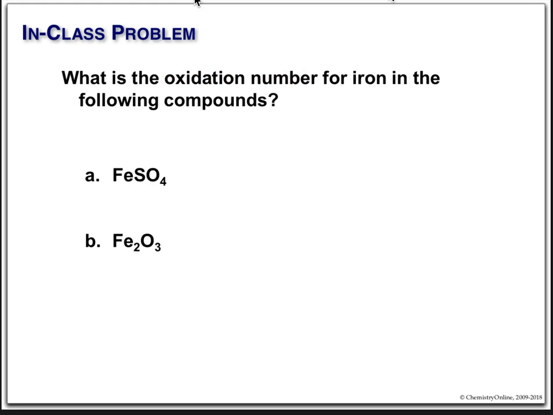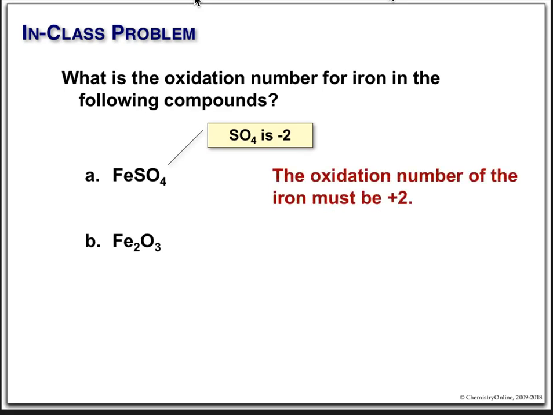How about this? Sulfate, we know is always, it's a lump. It's always -2. That means the oxidation number or the charge on iron must be +2.